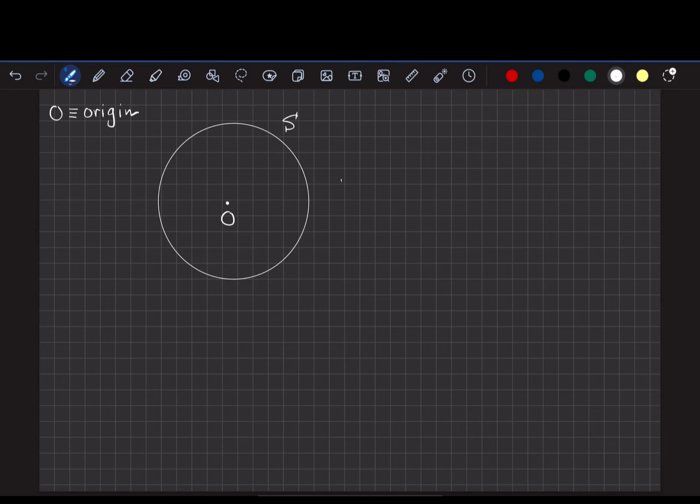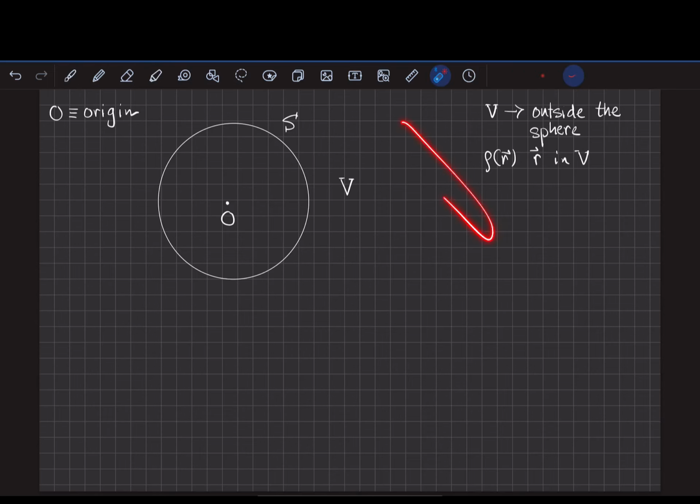So we would like to find the potential in this volume V, which is basically outside the sphere. And we know the charge density in V. So basically we know the charge density for all points outside the sphere, and we know the potential on the surface S.